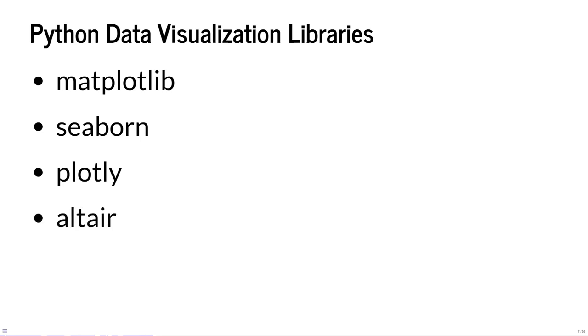Altair, this package creates declarative visualizations based on Vega-Lite. Folium, this is useful for mapping and geospatial data analysis. Plot9, this is very similar to ggplot2 package in R. If you are an R user, I recommend you to start with Plot9.